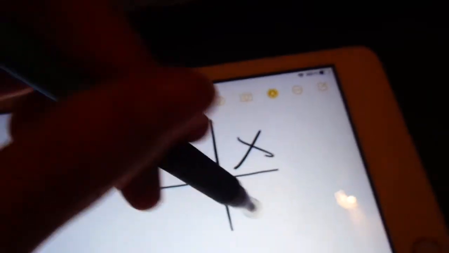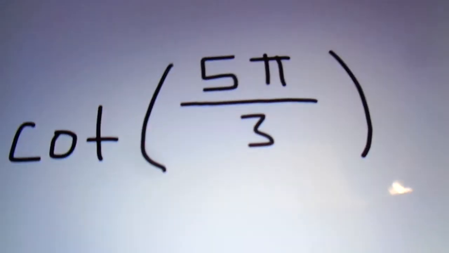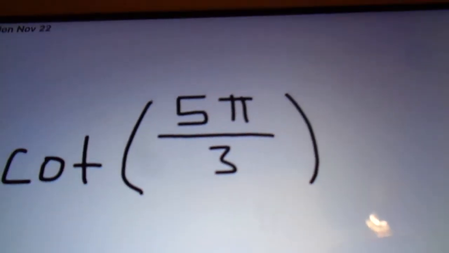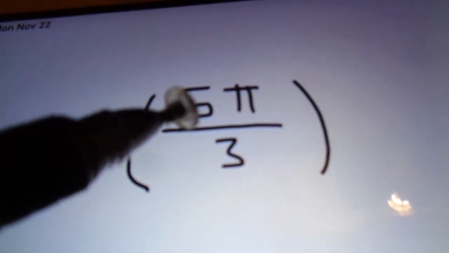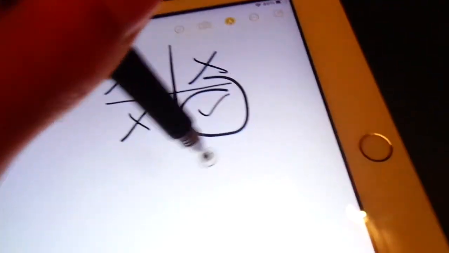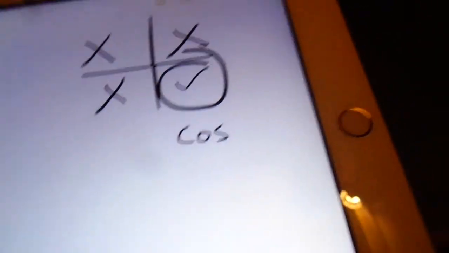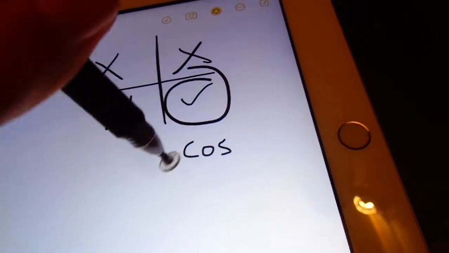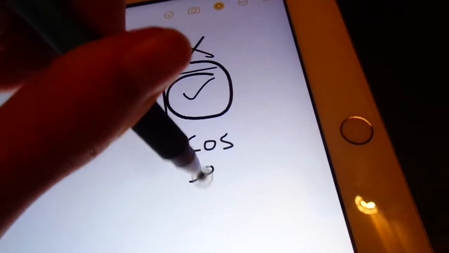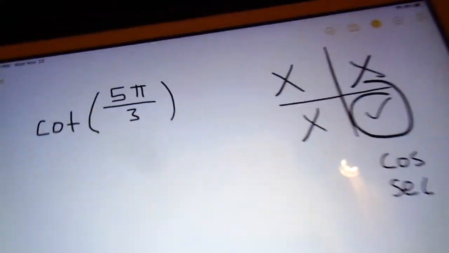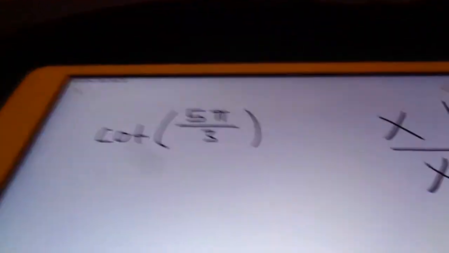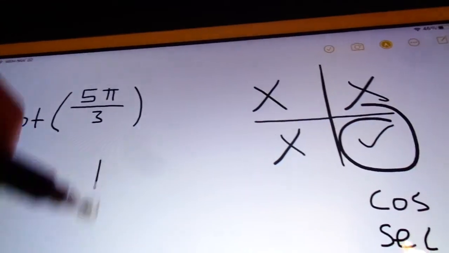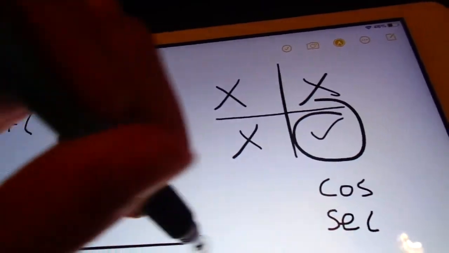So it's this one. If it was 5 pi over 4, then it would be the other one, because the 5 is only 1 more than 4. So it's quadrant 4. And remember, in this one, cosine and secant are positive, but we already know we're going to have a negative thing because cotangent isn't positive there.